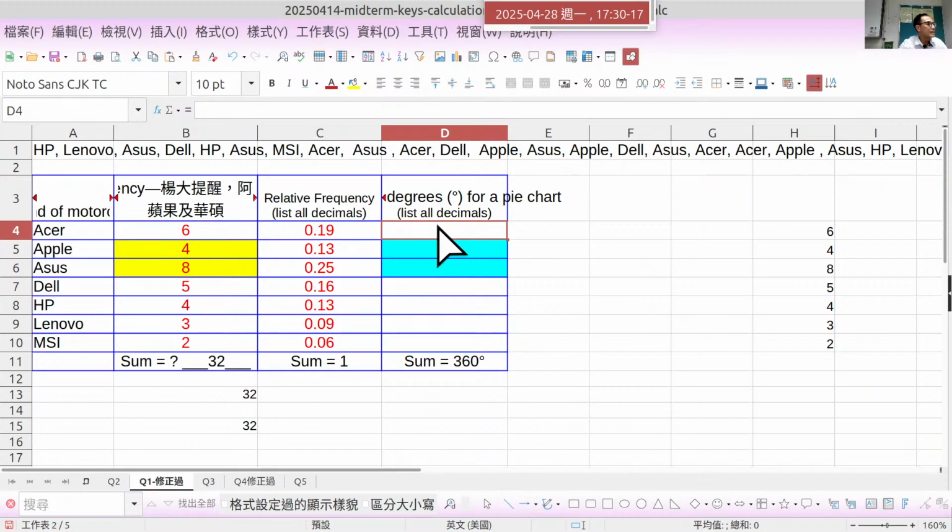Here, click here and click the symbol equal. The number, click before slash divided 32 and times 360, and click enter and drag it down.